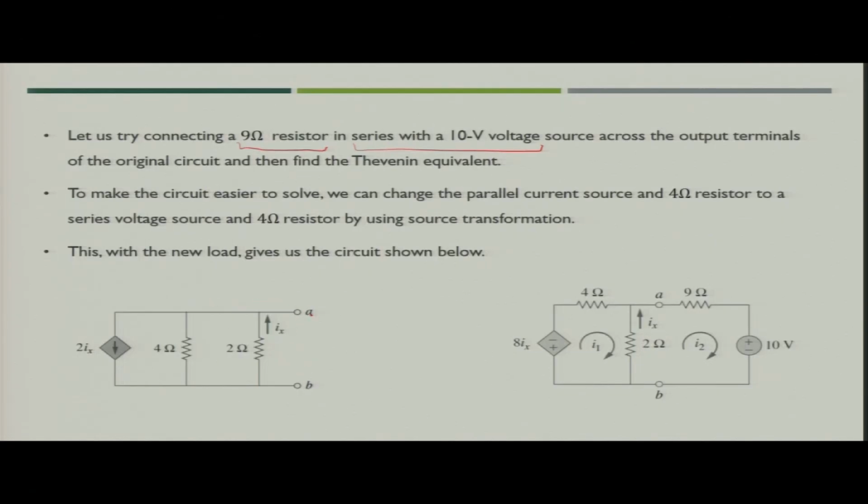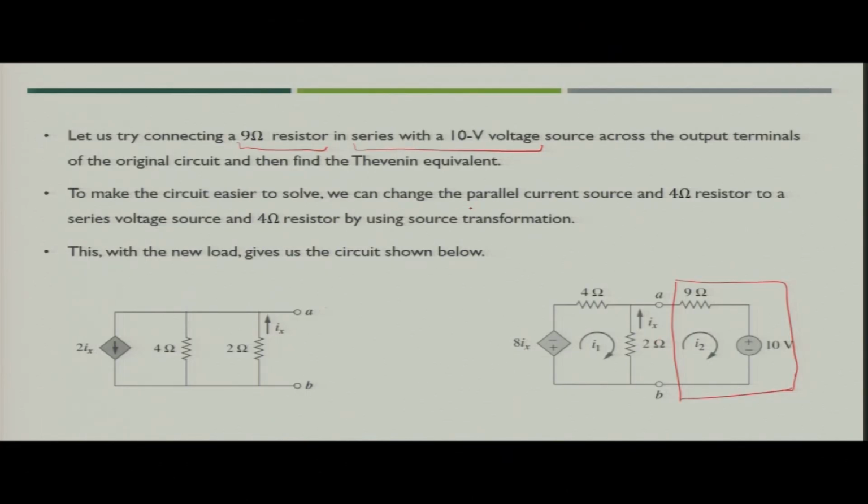How will you solve this circuit if you are not following the Thevenin theorem?